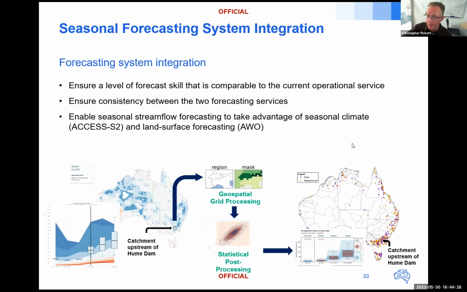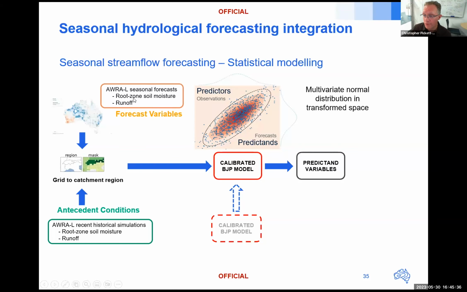These being recent historical simulations of root zone soil moisture and runoff, and the equivalent forecast variables out to 3 months of root zone soil moisture and runoff. And I make the point that the key for this to work is the seasonal forecasts of these variables, root zone soil moisture and runoff from the land surface model, have forecast skill themselves out to 3 months, and that there's a good correlation between these forecast variables and streamflow.